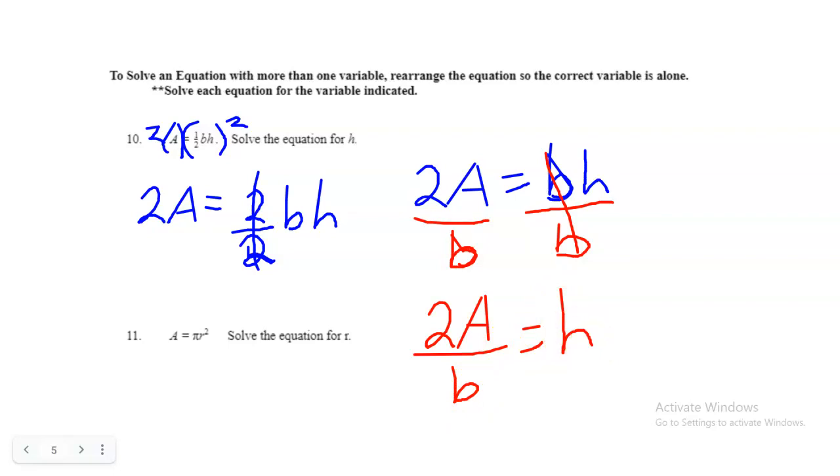So all we're doing here is manipulating and playing with formulas and equations. We don't know what h is, we don't know what b is, we don't know what a is, and that's okay. We're just trying to figure out a way to rewrite the equation if we were to solve specifically for h.